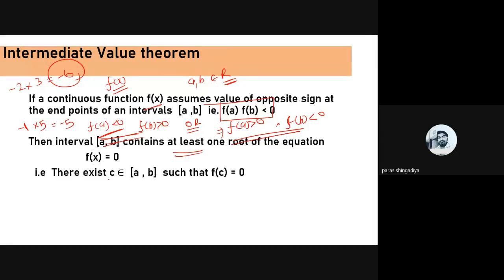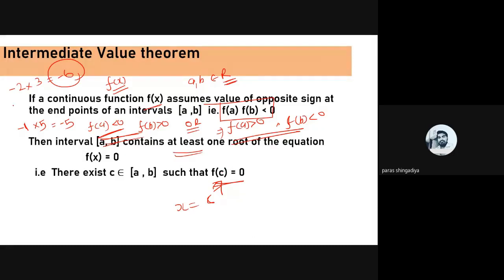So there exists one value in the interval a and b such that f of c will be 0. And what is the meaning of f of c being 0? The c is called the root of this equation. c is known as the solution of this equation. Why is it a solution? Because at x equal to c, the function becomes 0. Therefore we can say that c is the answer, c is the root of this equation.